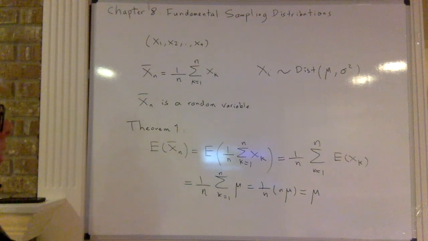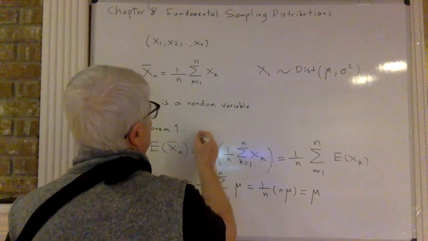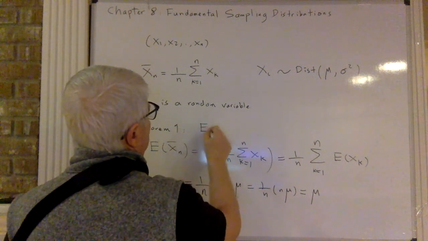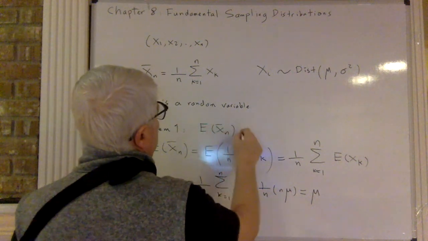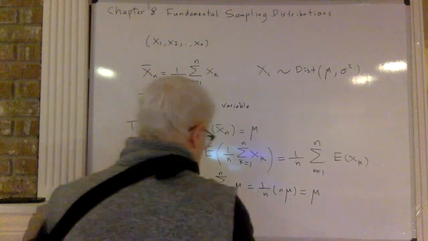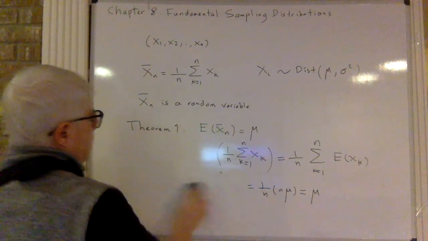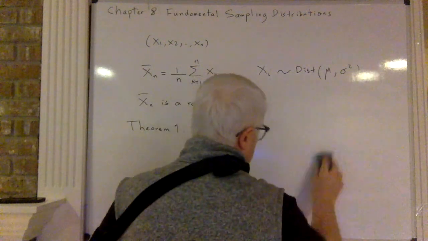Okay? So let's write it here, and let me erase this and find the variance for you. So we found that the expected value of X bar n is in fact mu. Okay. So let's find the variance.